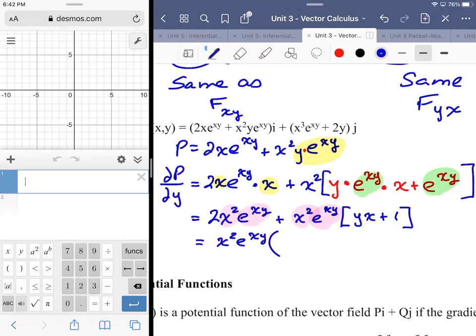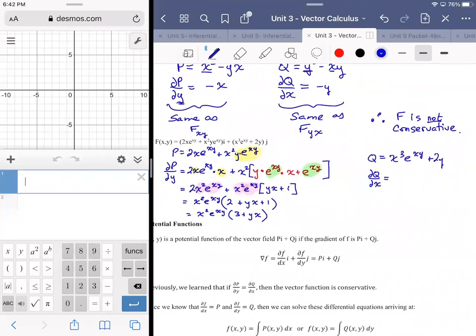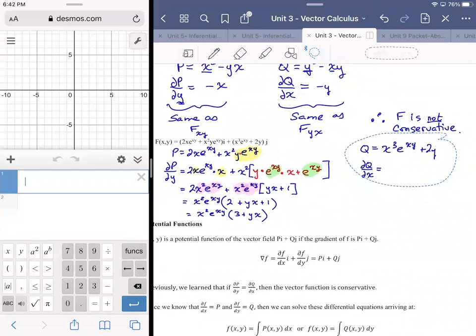So I'll have a 2 left over from this piece plus yx plus 1, which would be x squared e to the xy times 3 plus yx. I don't know how much of that was necessary, but I want to give myself as many options as I can when trying to figure this out, or at least this part of it.